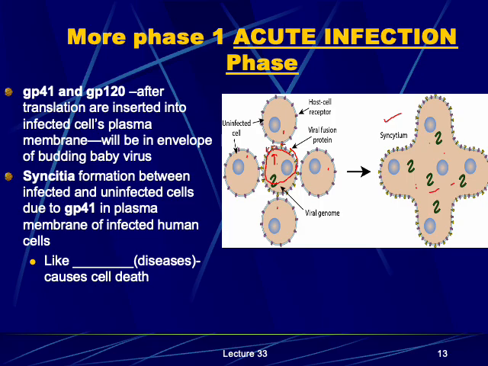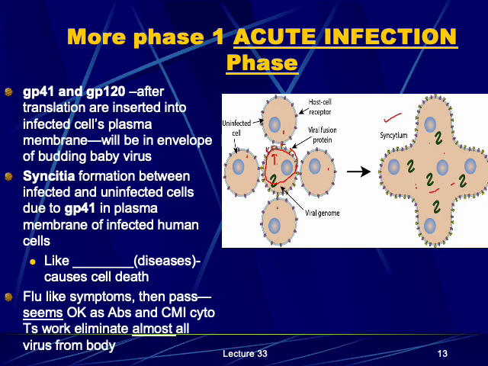But in this case, you can see that the human cells are going to die either from being worked to death individually or by forming these syncytia, these giant cells. So at this time, the person has flu-like symptoms. They don't realize they have an HIV infection usually. And these symptoms pass.